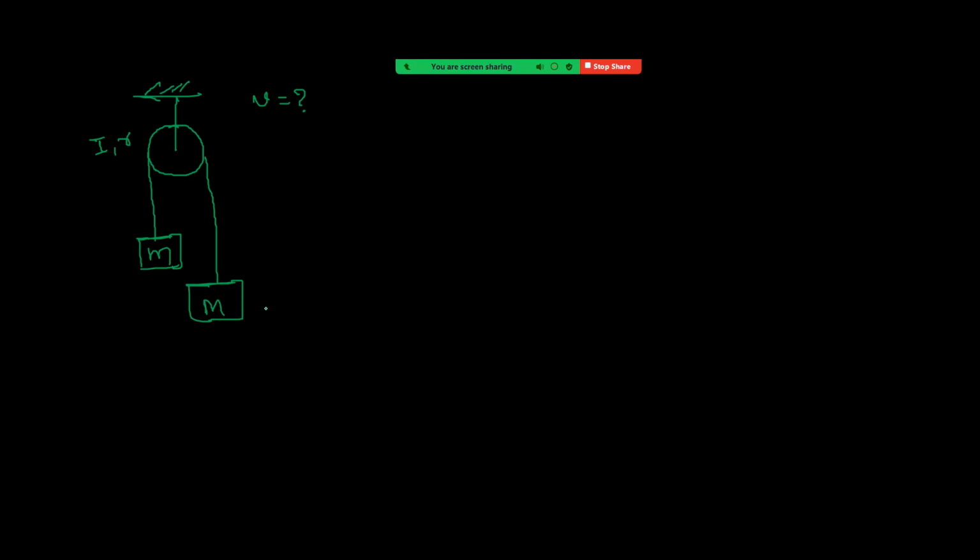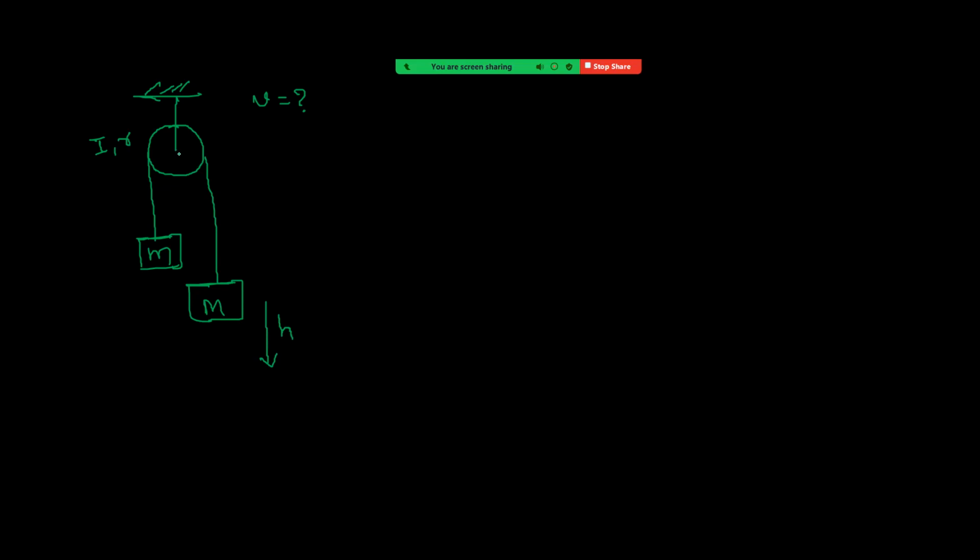So when this heavier block moves down by a distance h, we have to calculate the kinetic energy of the system. And this we can say directly because when this moves down by distance h, the loss in gravitational potential energy converts into kinetic energy for the system. Here the system means these two blocks as well as the pulley, because the pulley is also rotating.